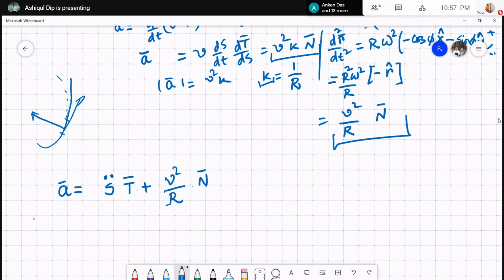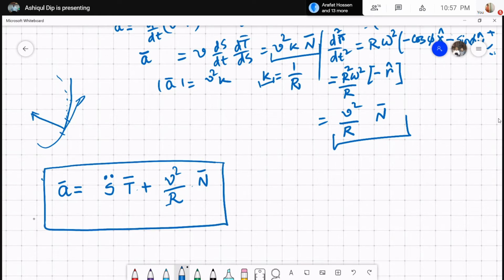Okay, so we sometimes call it the resolute of acceleration. We have resolved our acceleration in two parts, that is the tangential part and the normal part, right? And for velocity, we have s dot t.